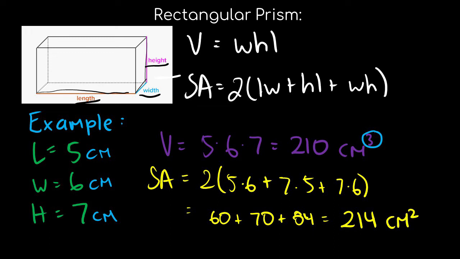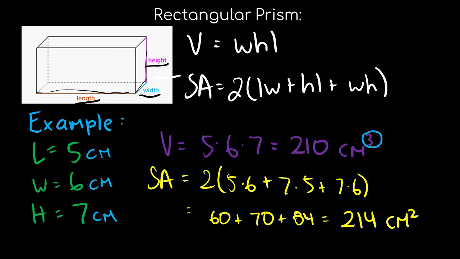It's the times table. 4a is 4 times a, a being the variable. What about the surface area? The surface area is 2 multiplied by length times width plus height times length plus width times height.